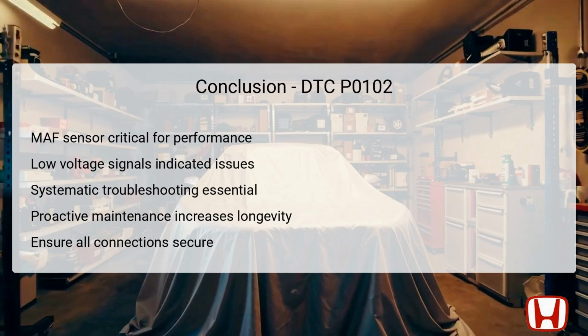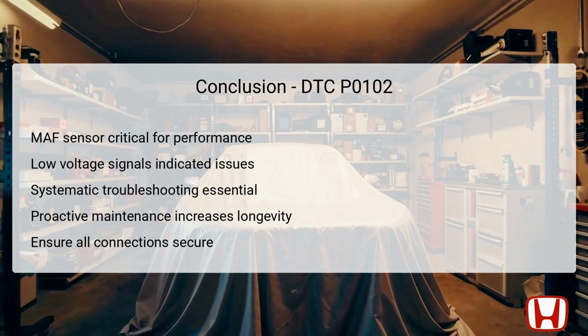In conclusion, the analysis of DTC P0102 highlights the crucial role of the MAF sensor in the efficient operation of the Honda Accord's engine. Low voltage signals from the MAF indicate possible malfunction that can drastically affect performance and fuel economy.